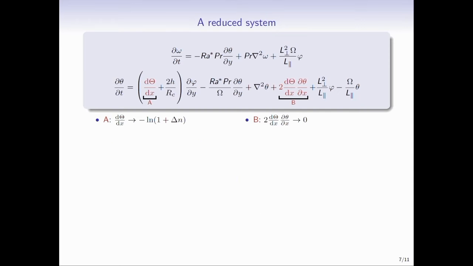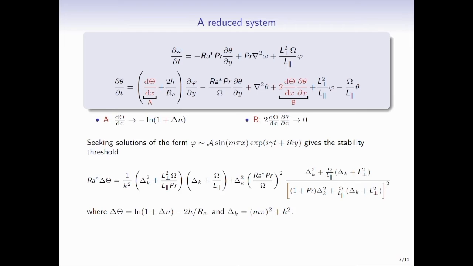So we formulate a reduced problem by extending the Rayleigh-Benard problem as far as we can, but still retain the simplicity of its solution. To do that, we replace the non-uniform basic state gradient by just the absolute difference between our boundaries, and we neglect this term completely because it just gets in the way. Then, substituting the appropriate sinusoidal ansatz, we can write down the marginal stability threshold.